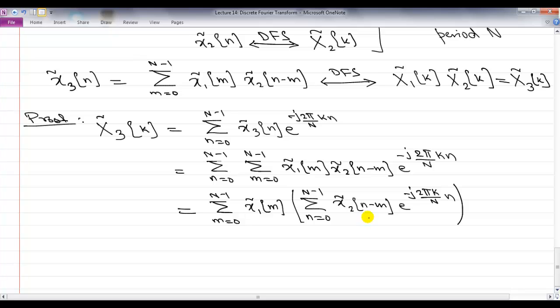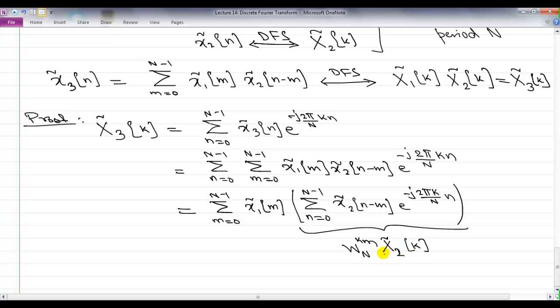We did the shift property of the discrete Fourier series earlier, right, which said that if we compute the discrete Fourier series coefficients of a shifted sequence, they are related to the non-shifted sequence by a phase shift. So this whole thing is nothing but a phase shift W_N^{km} times the Fourier series coefficients of x2.